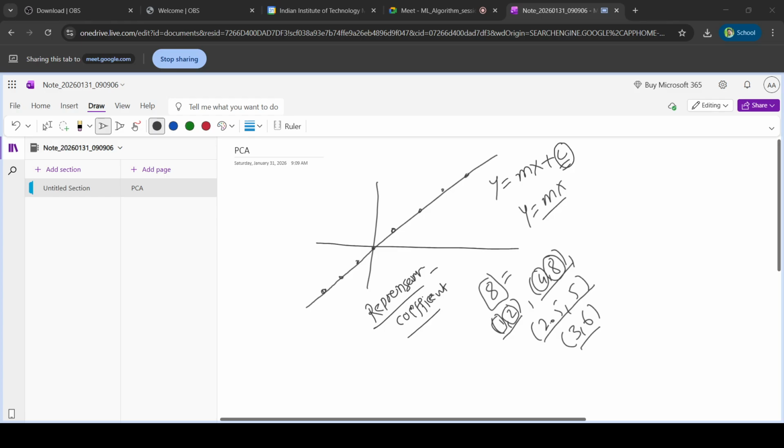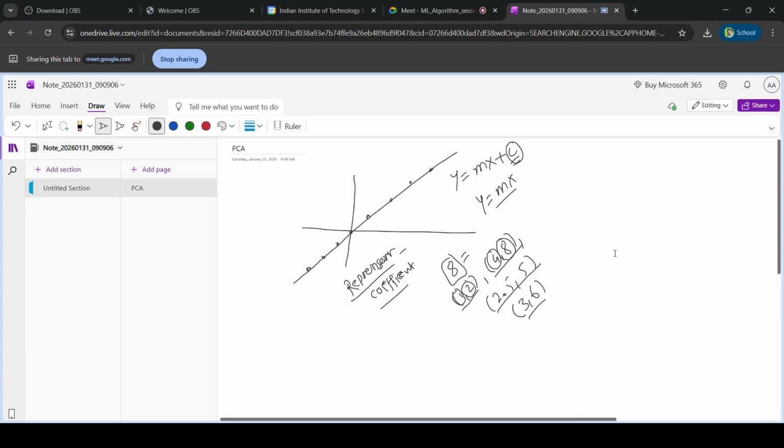Problem. Because I just installed this software 10 minutes back, so that's why I was not able to do the other changes, but that's good. Okay, so I hope you are now able to see this, correct? Okay, good.